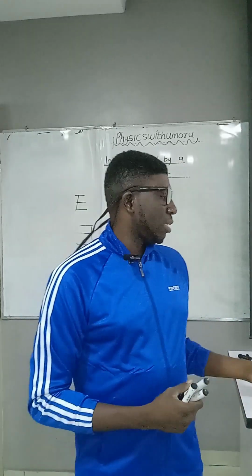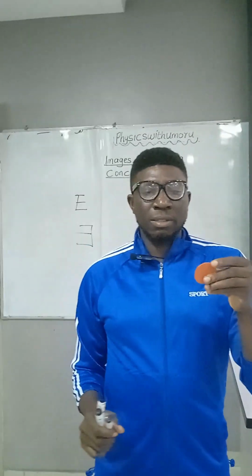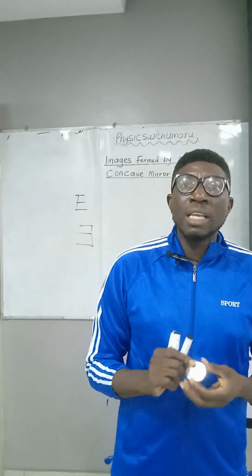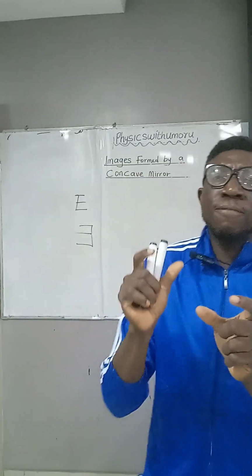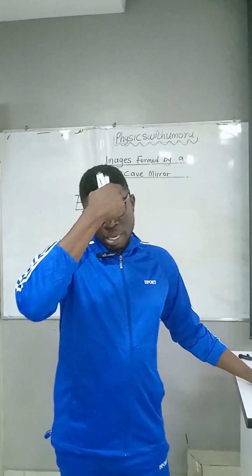Number 3 is that the image is always diminished. Image being diminished in the sense that the image is always smaller than the object. And number 4 is that the image is always farther than the object from the mirror. The distance of the image is farther than the object from the mirror.